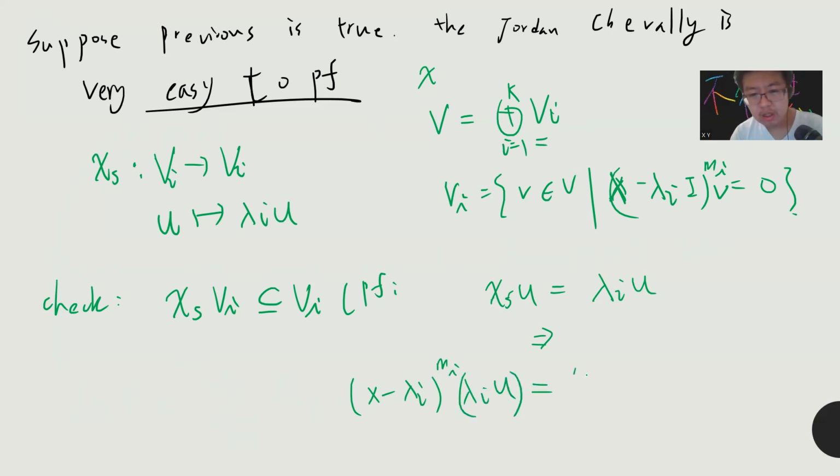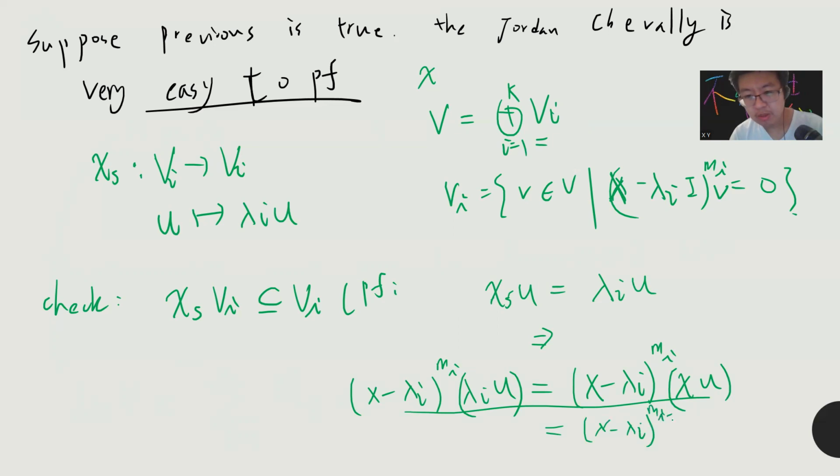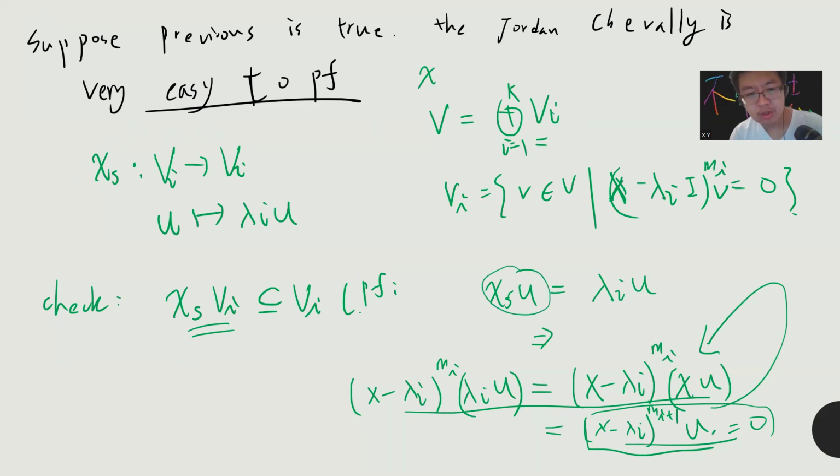This is the same as (X minus lambda i) to the mi applied to X u, because you can write this equation as (X minus lambda i) to the mi plus 1 applied to u, which is equal to 0. If you expand it, you get X u equals lambda i u. Which means that XS u, which is lambda i u, is stabilized.